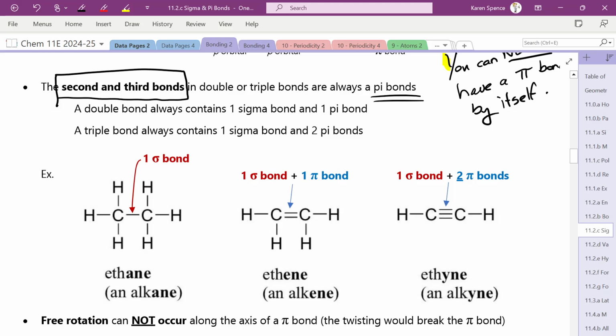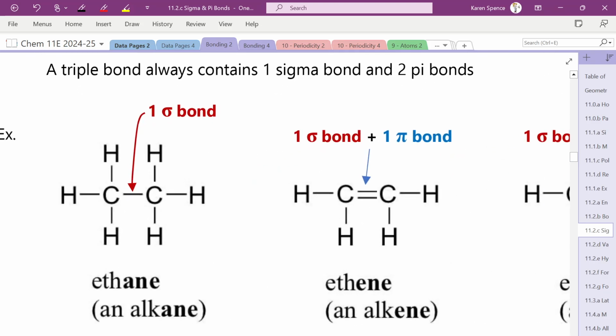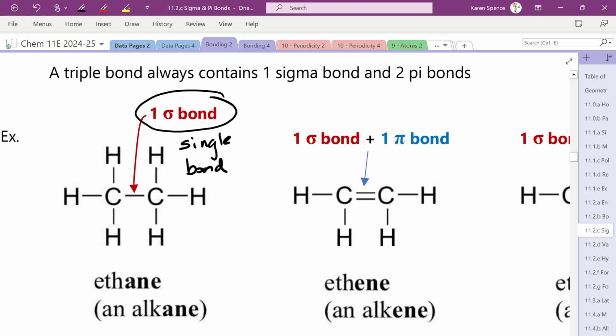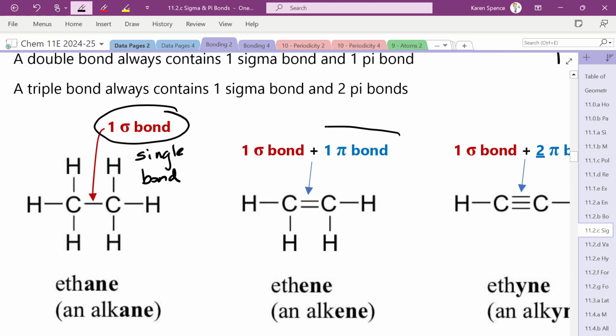And you say, okay, what have I got here? This is a sigma bond because it is a single bond. A sigma bond plus a pi bond is a double bond.